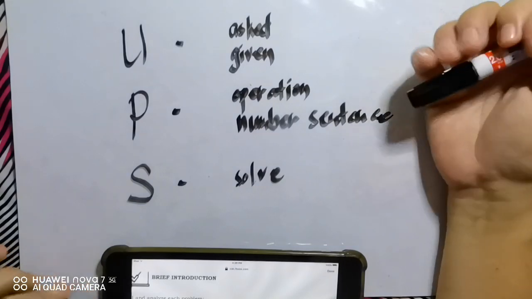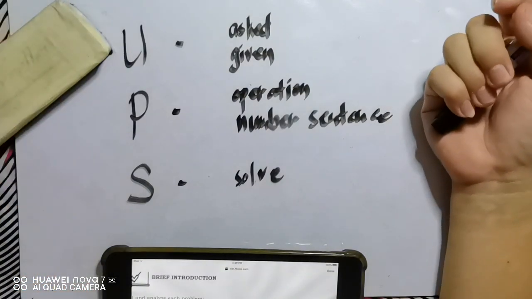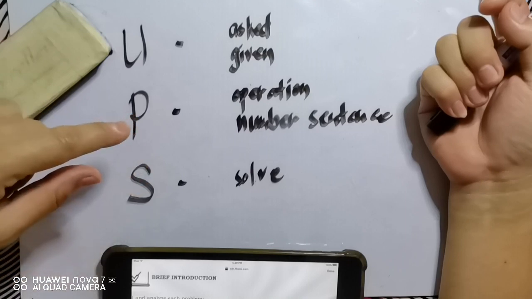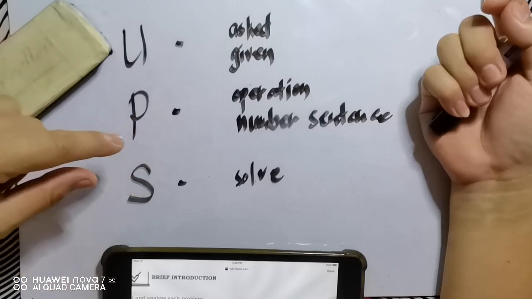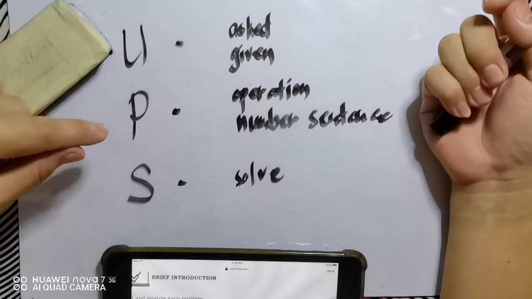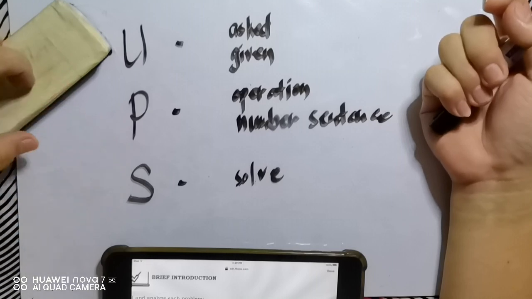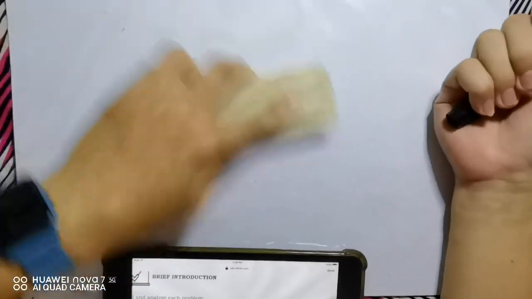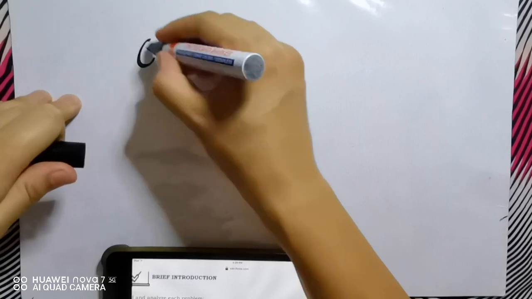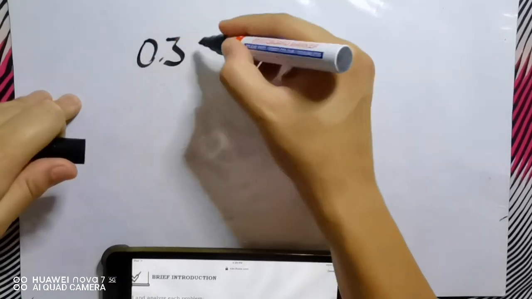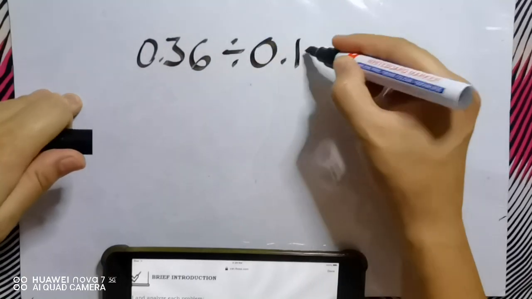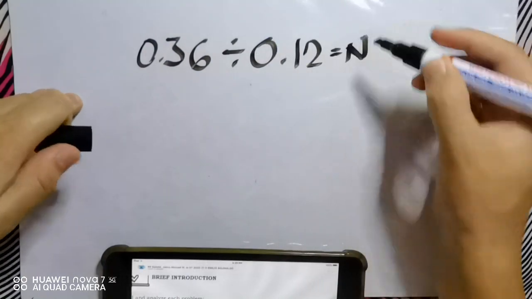Okay. So, let's go to the problem. So, if ever Aldi has this kind of rattan, paano kaya yung kanyang magiging sagot? Ilan kaya yon? So, let us solve. So, that will be 0.3600 divided by 0.1200 equals n.